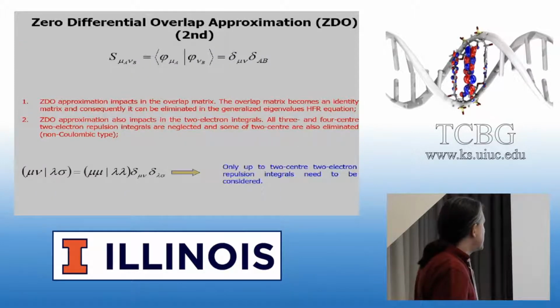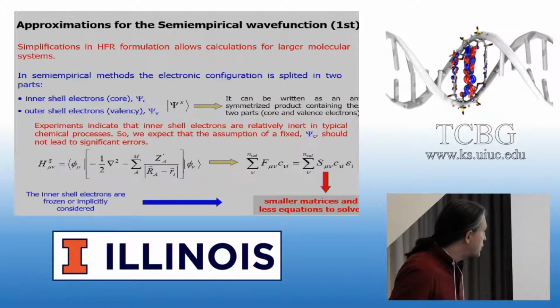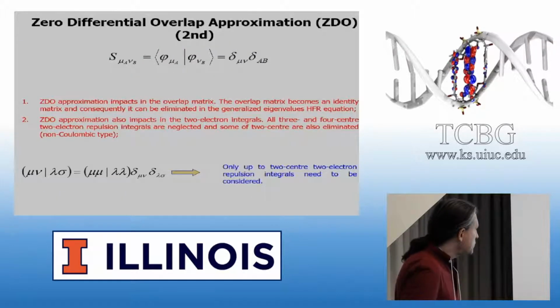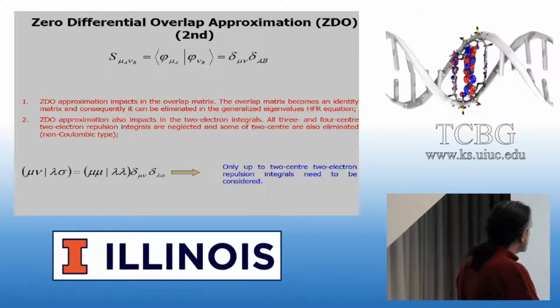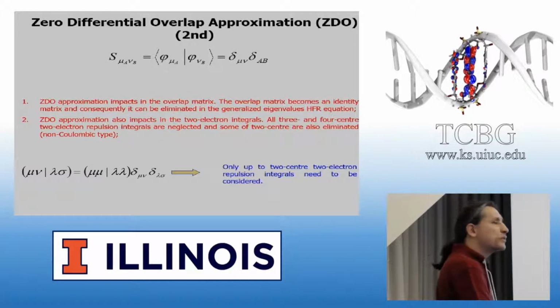The second approximation is to consider the overlap matrix in this type of equation, because this equation is not solved directly by a simple diagonalization. You need to construct a symmetrically orthogonalized basis set to solve this type of equation. And the second approximation in semi-empirical theory is the ZDO, zero differential overlap approximation.